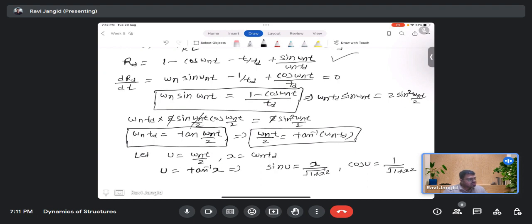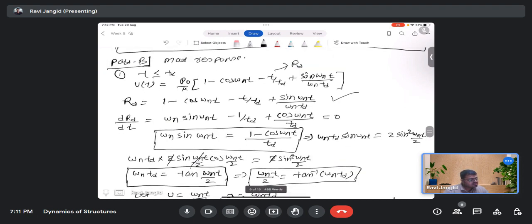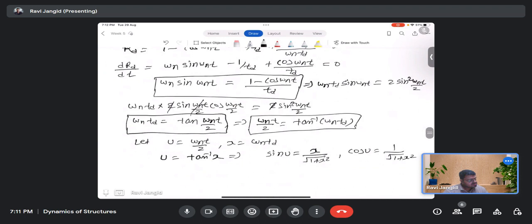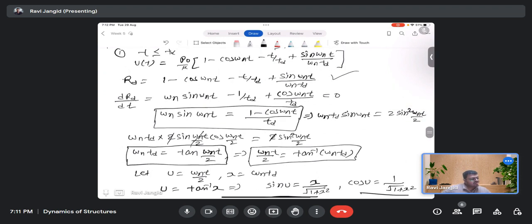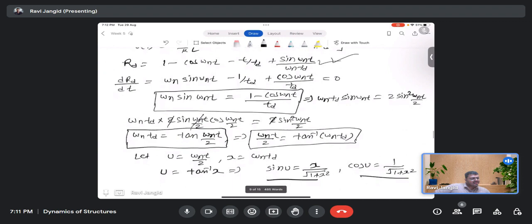So sin u is what? If I put these values into this equation, cos omega n t, sin omega n t, then I will get it.